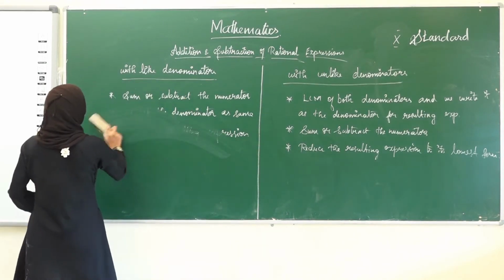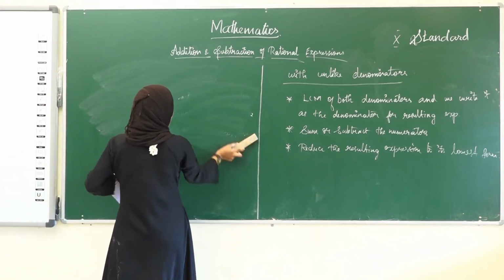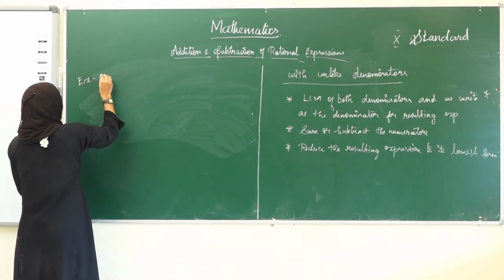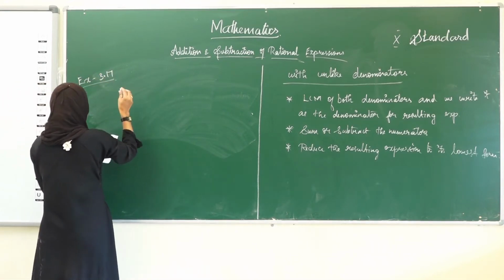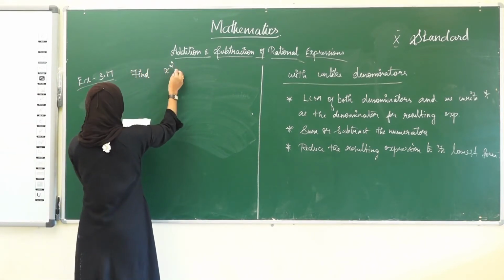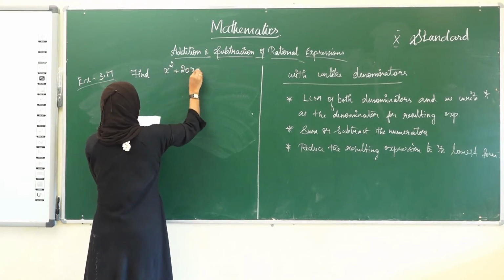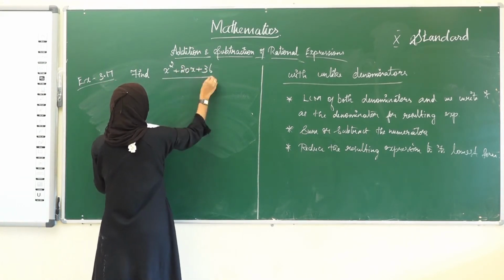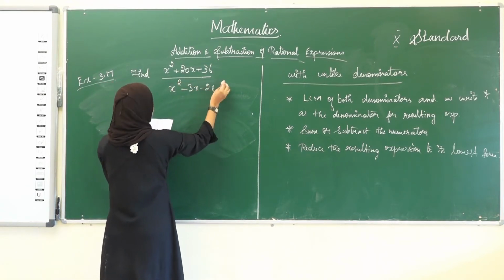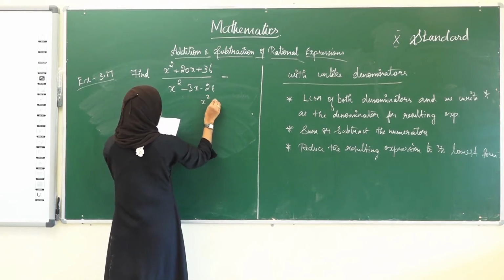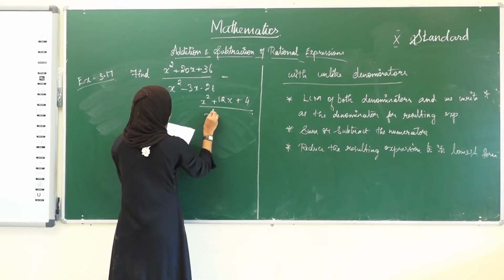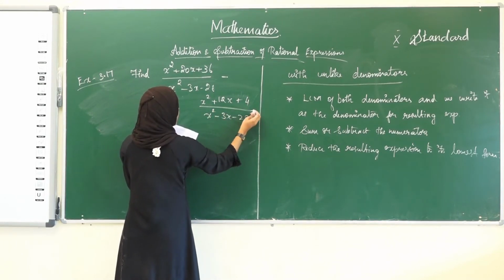For like denominators addition or subtraction, they have given an example. Let us see that. Example 3.17. What is given in the question? Find x square plus 20x plus 36 divided by x square minus 3x minus 28, minus x square plus 12x plus 4 divided by x square minus 3x minus 20.